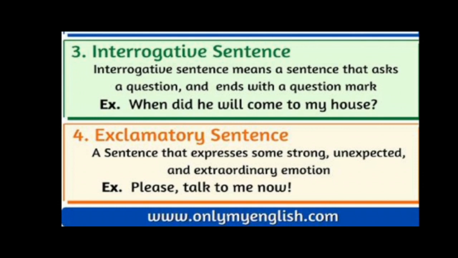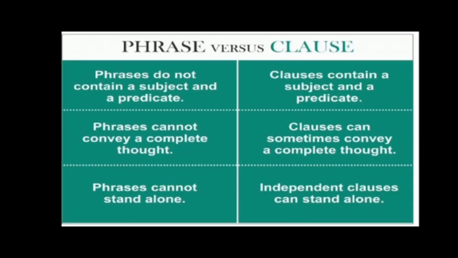And number four, exclamatory. It means a sentence that expresses something unexpected or some extraordinary emotion. For example, please talk to me now. On one side, it's a request. Please talk to me now. But if it is said with an outburst of emotion, that becomes an exclamatory sentence.